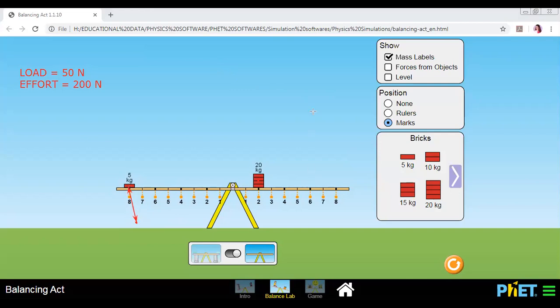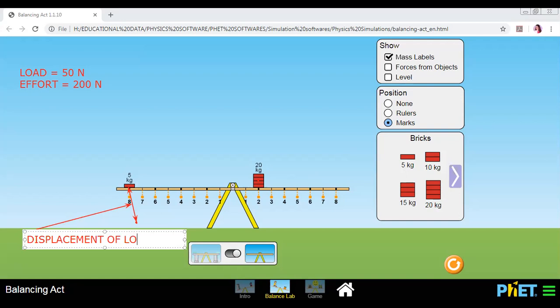This distance is the displacement of load, because this is the distance by which the load has moved. And let's find out how much is the distance by which the effort has moved.